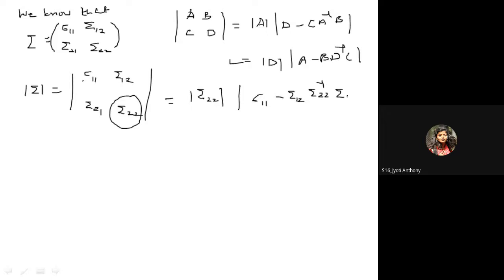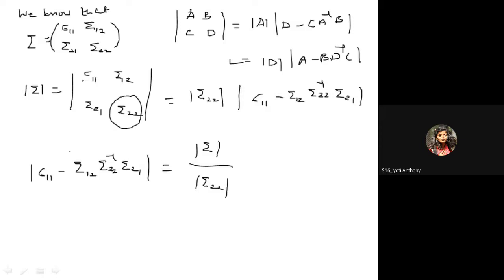So I can write the determinant of sigma equal to the determinant of sigma 2 2 times sigma 1 1 minus sigma 1 2 sigma 2 2 inverse sigma 2 1. These are all scalar values, because sigma 1 1 is a single quantity and sigma 1 2 sigma 2 2 inverse sigma 2 1 is also a scalar, so there is no need to write the determinant. So sigma 1 1 minus sigma 1 2 sigma 2 2 inverse sigma 2 1 equals the determinant of sigma divided by the determinant of sigma 2 2.